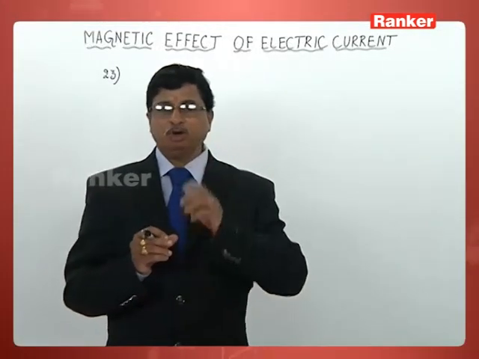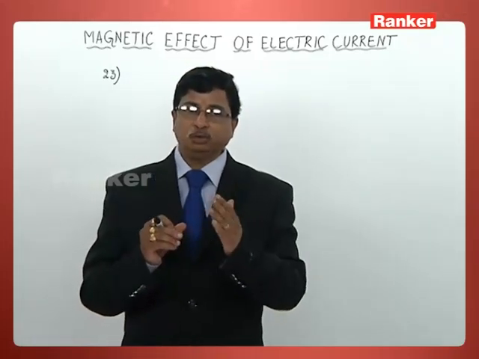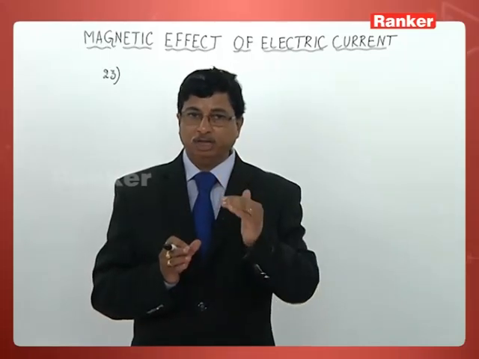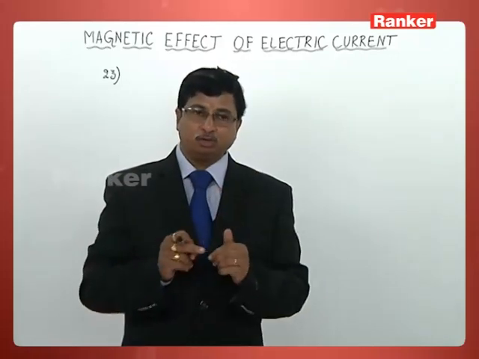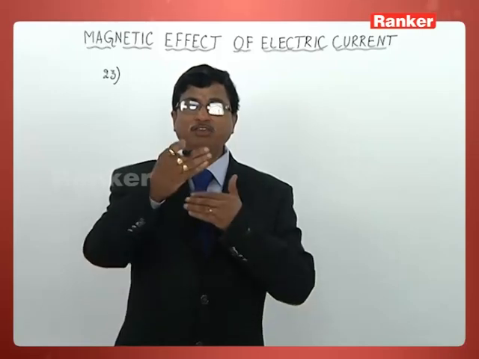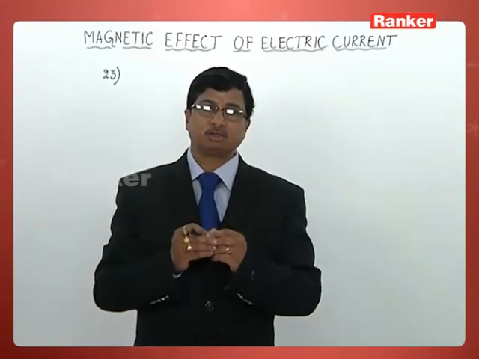One of the excellent model questions again. He is asking what is the ratio of B1, that is the magnetic field due to the first part of the circle, and the magnetic field due to the remaining part of the circle. What is that ratio? B1 by B2 is how much?